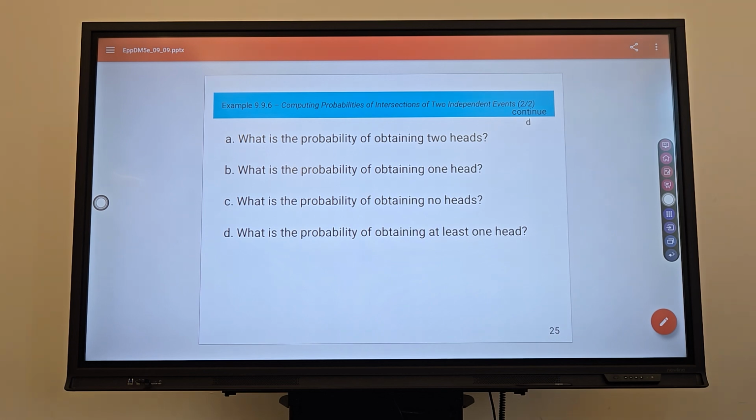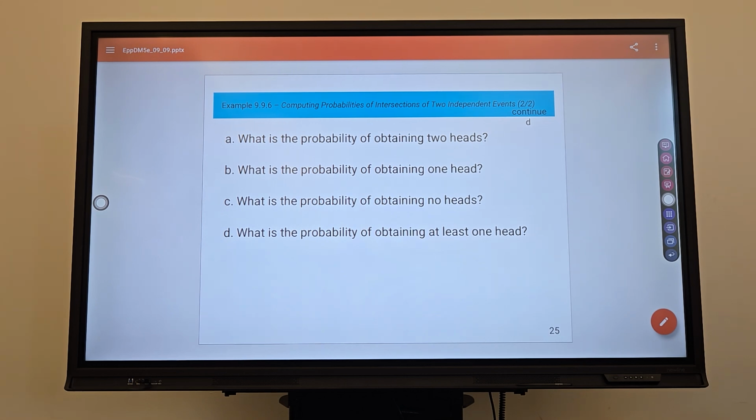What is the probability of obtaining one head? Well, there are two possibilities for that, either heads first and tails second, or tails first and heads second. Either way, it's going to be 0.6 times 0.4, or 0.24, times 2, 0.48, or 48%.